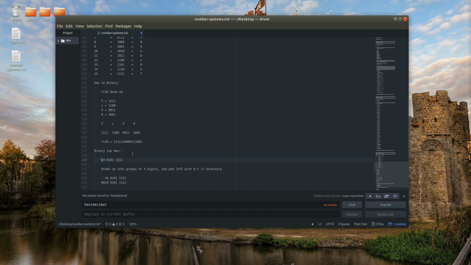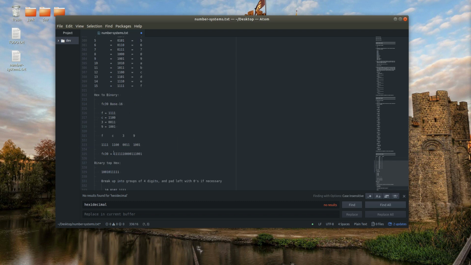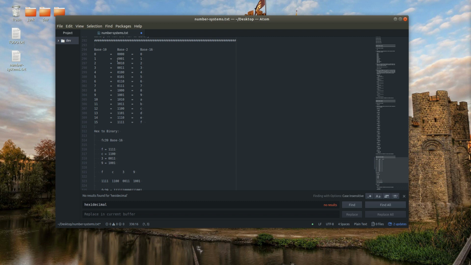Now here we just pad zeros because you can do that and it's still the same number. So that's what I'm doing down here. Break up into groups of 4 digits and pad left with zeros if necessary. So here are the groups, and you add 2 zeros to make sure we have groups of 4. Then we just look up the quads on our table that we made.